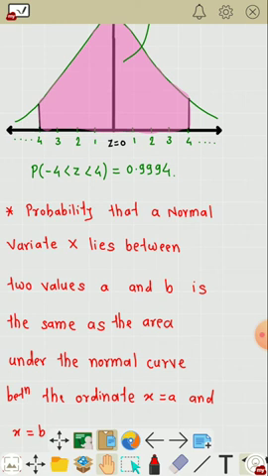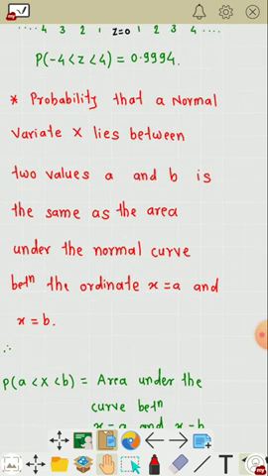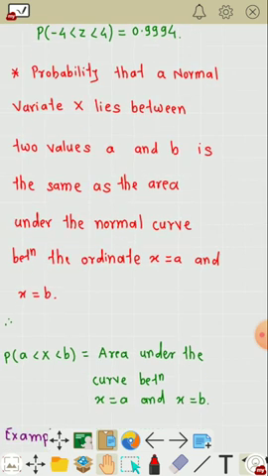Now let us go to a very important statement in statistics. The probability that a normal variate x lies between two values a and b is the same as the area under the normal curve between the ordinates x equal to a and x equal to b. That is very simple.